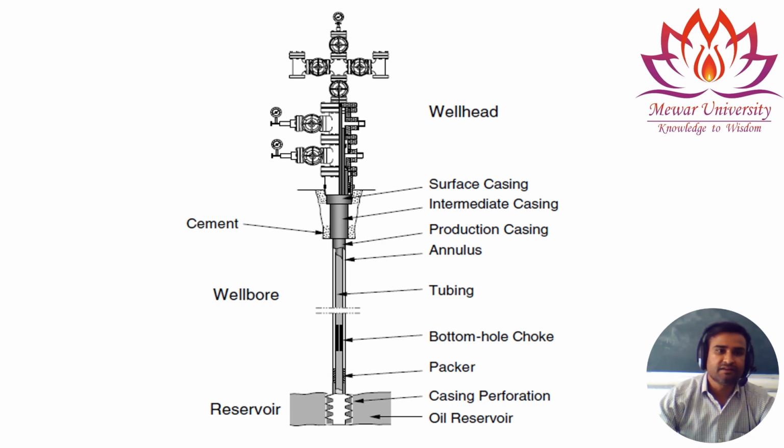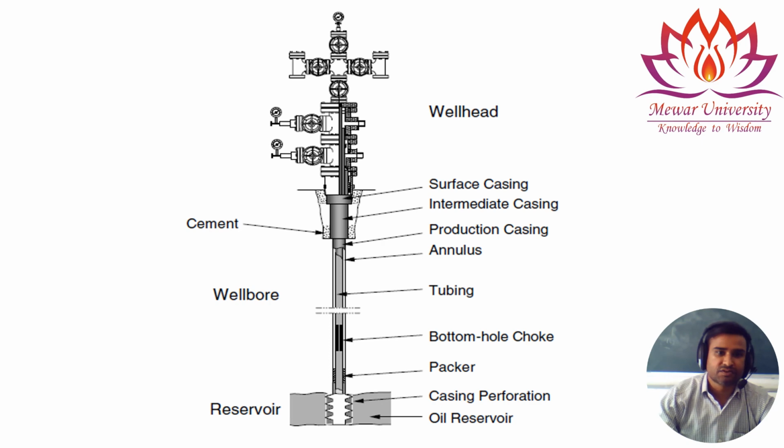tubing and wall of the formation, that is called the annulus. Then this is tubing. This is bottom hole choke. This controls the flow. The choke can be used to control the flow. Now this is a packer that will isolate the annulus.